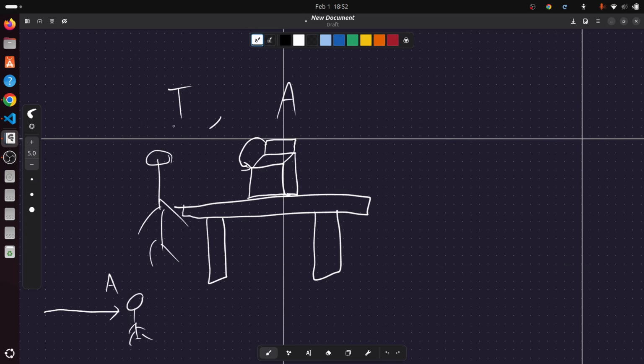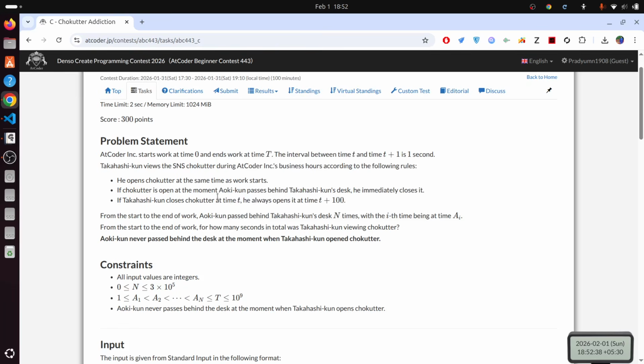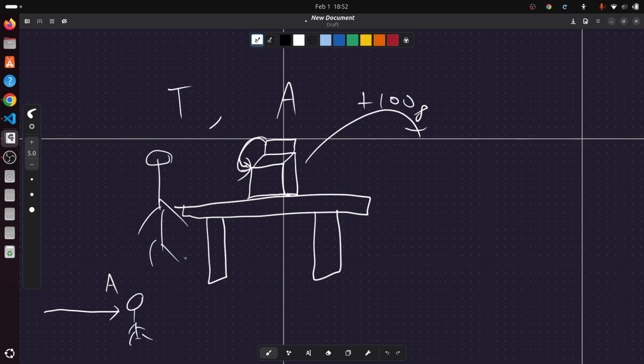What T will do is, whenever A comes to his desk, he will close the box if it is currently open, and after 100 seconds he will open it again, right? So they are asking what is the total amount of time, if this Aoki person, person A, visits this desk n times, so they have given the times at which person A visits the desk, right?